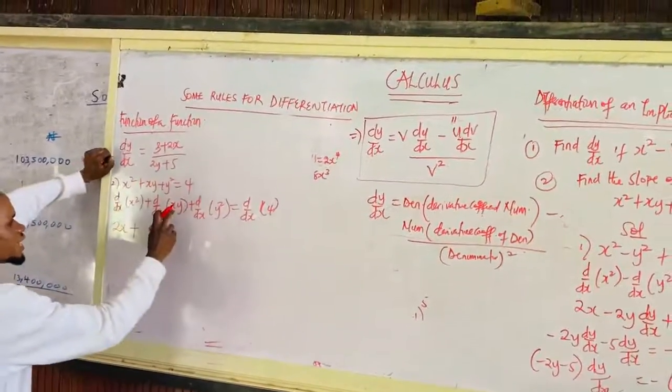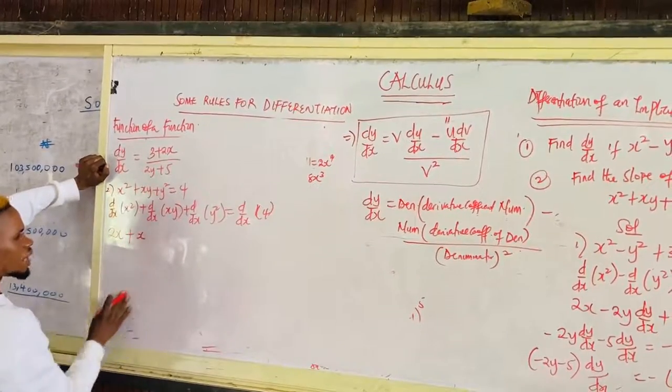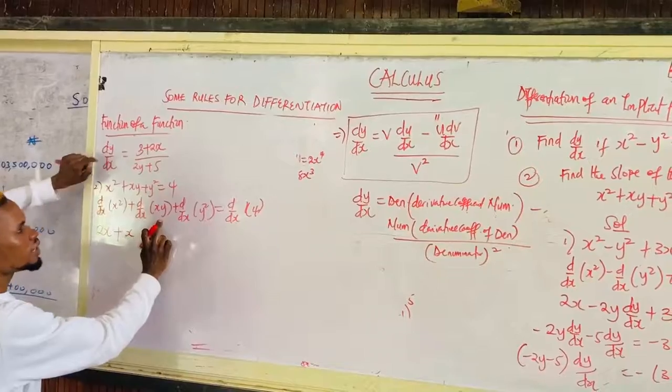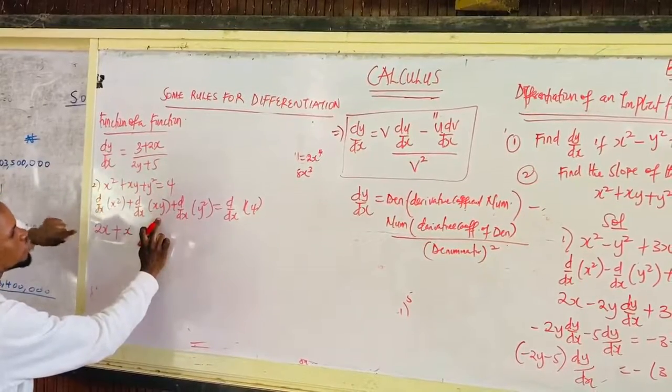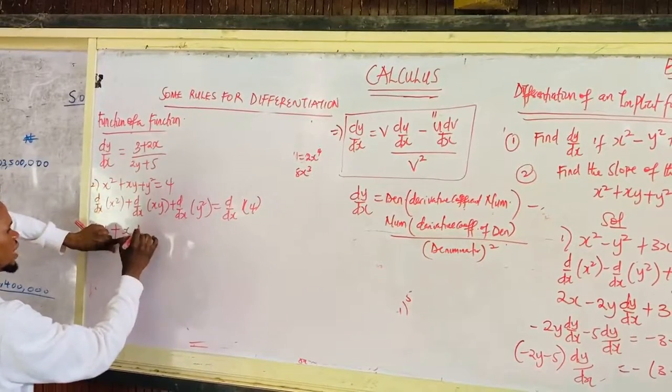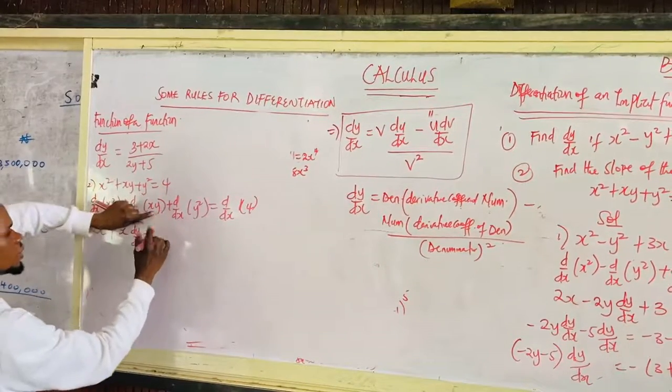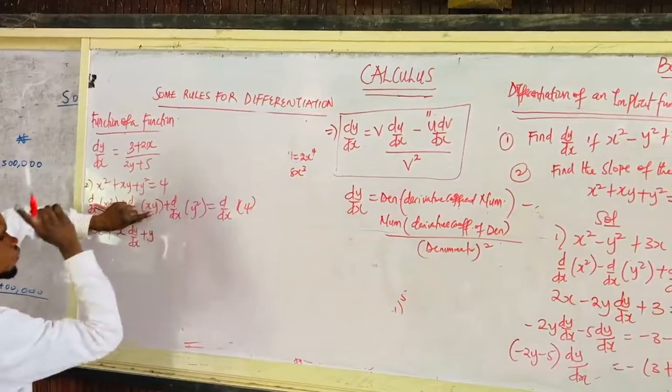So if you hold x as a constant and you differentiate y with respect to y, you get 1, but you need to put a recognition dy/dx. Plus, you hold y, you differentiate x, 1.